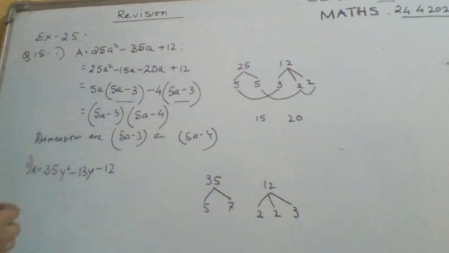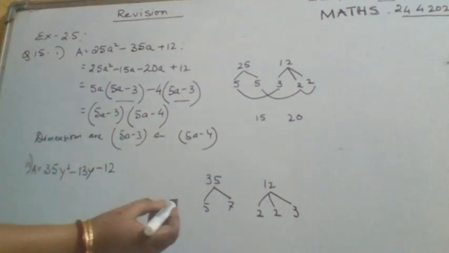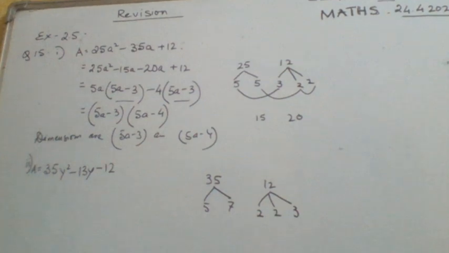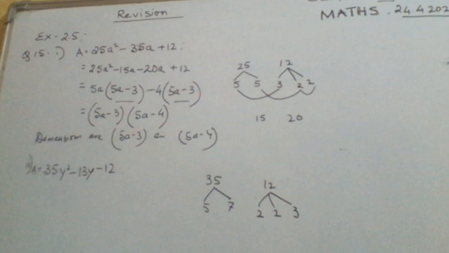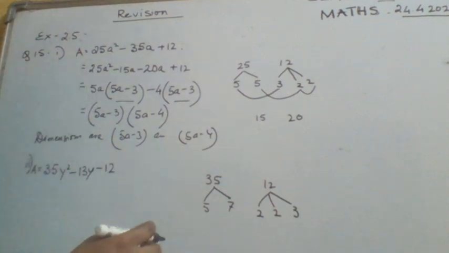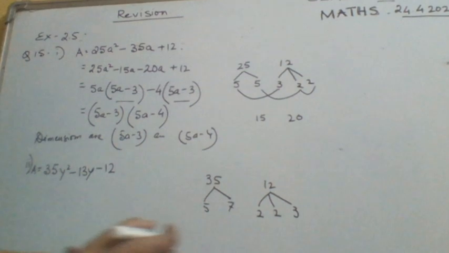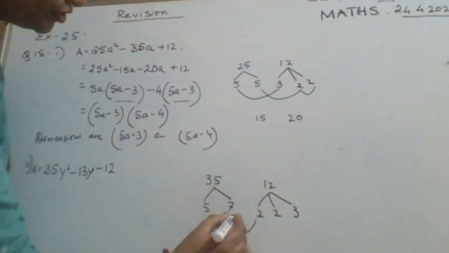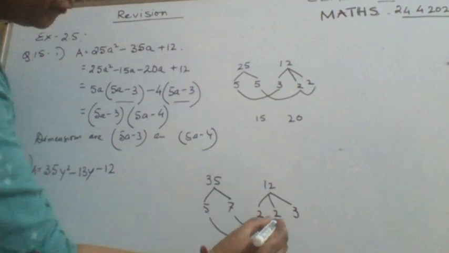So see, what you can do is, if we take 5 into 2, 10, then it comes out to be 7 into 2, 14, 14 into 3, how much?